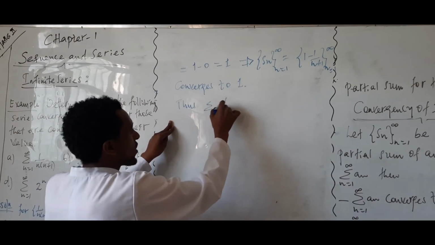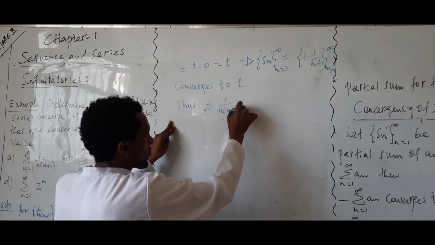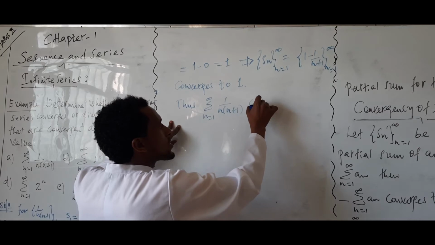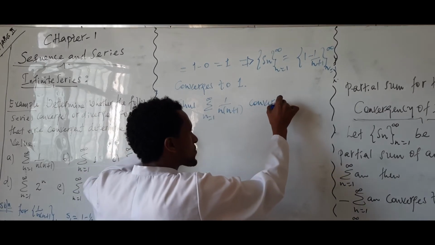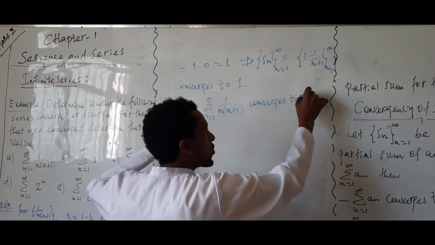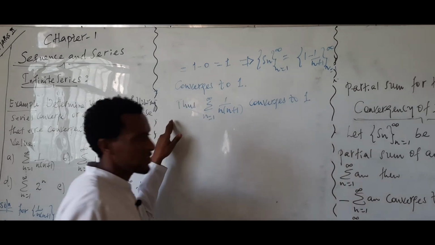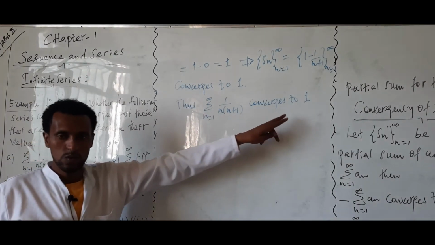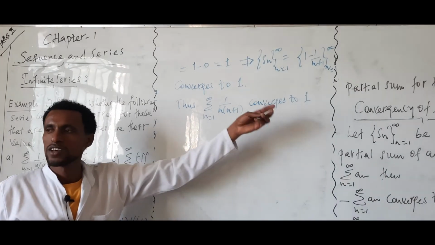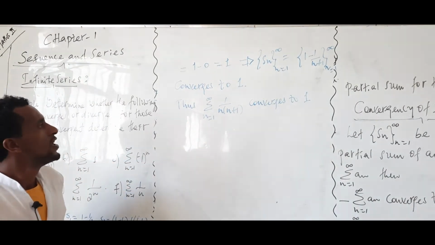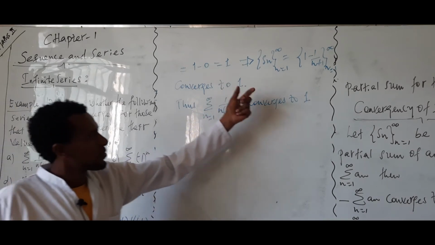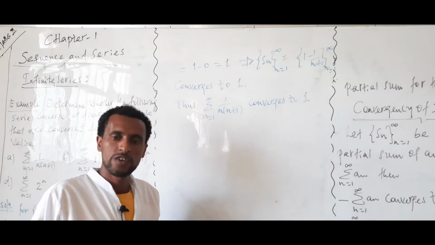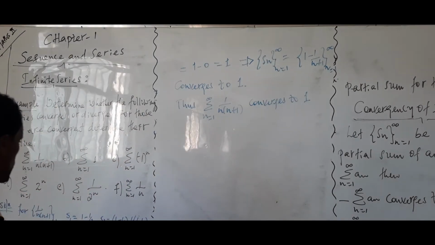Thus, the sum of 1 over n into n plus 1 when n goes from 1 to infinity converges to 1. As n goes to infinity, the value of this series is equal to 1, since the sequence of partial sums converges to 1.